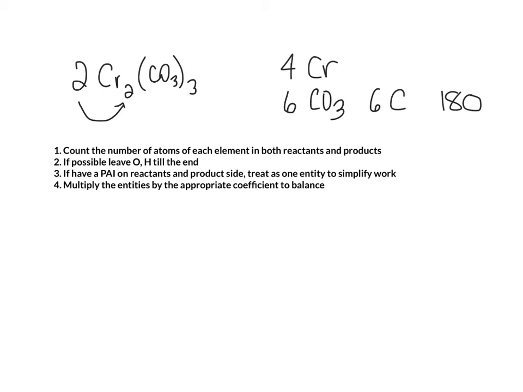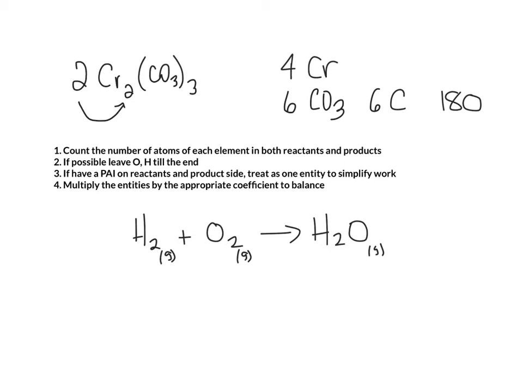If you have a polyatomic ion, that's what PAI is short for, polyatomic ion, like carbonate, on the reactants and the product side, treat it as one entity to simplify your work. So if it doesn't change, treat it like it's one entity and balance that. It just simplifies your life. And multiply the entities, the compounds and elements, by the appropriate coefficients to balance.